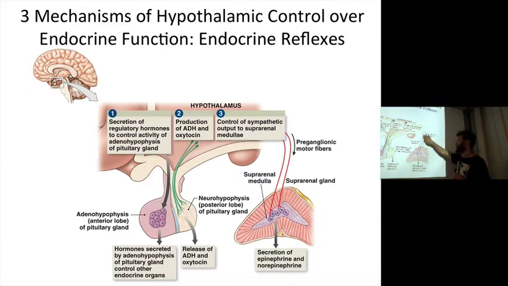This is via the sympathetic nerves that descend the spinal cord, pass through the sympathetic chain and emerge as splanchnic nerves, not synapsing in the sympathetic ganglia. We get these preganglionic fibers that go all the way down to the medulla of the adrenal gland.